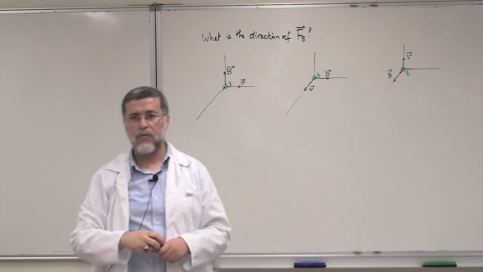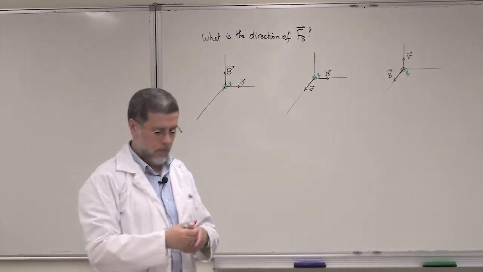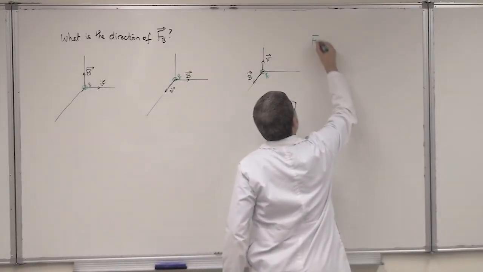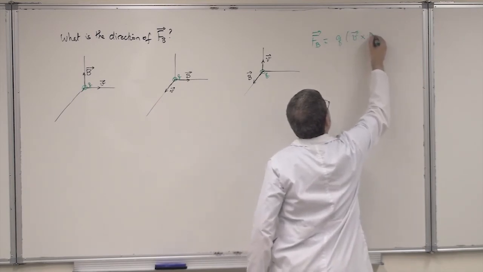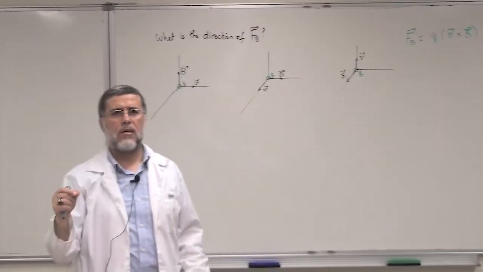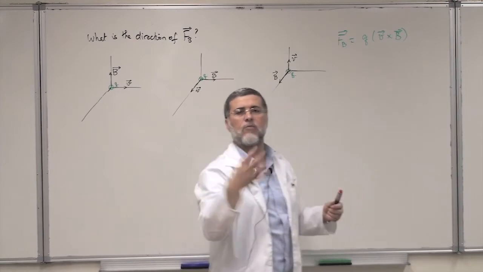Remember, to have a magnetic force, you should have a charged particle and it has to be moving. Because the force, if you remember, FB is equal to Q, the charge, V cross B. So if you have a neutral atom or neutral particles, neutral means Q equal to 0, there will be no force on it, even if it is moving in a magnetic field.